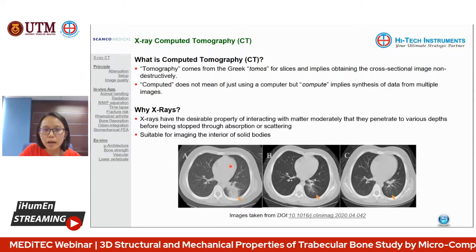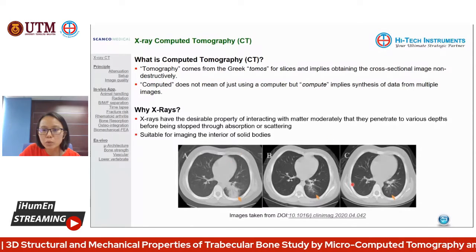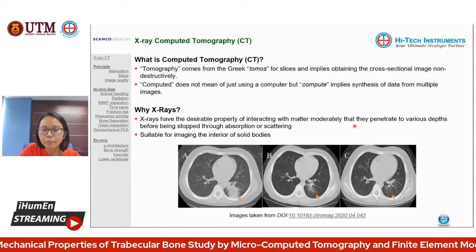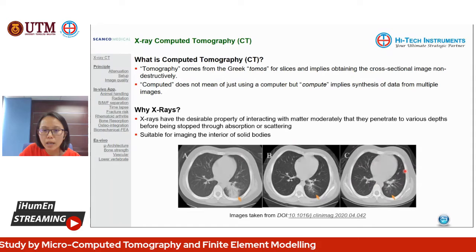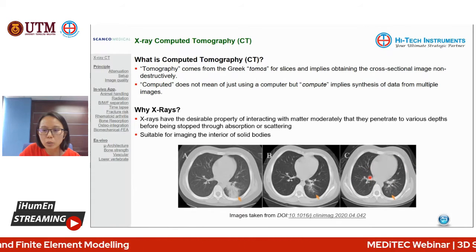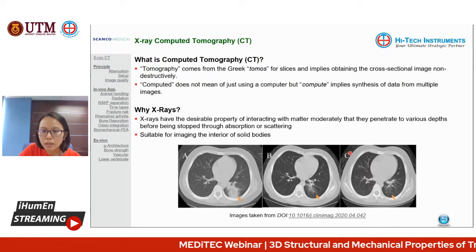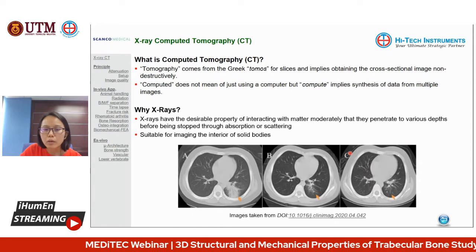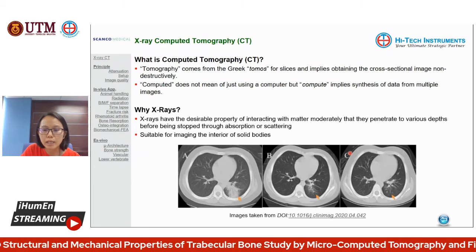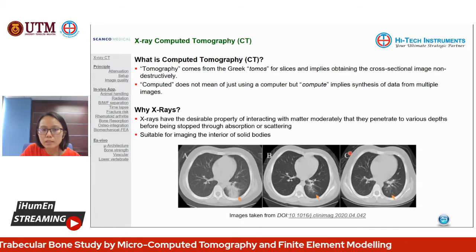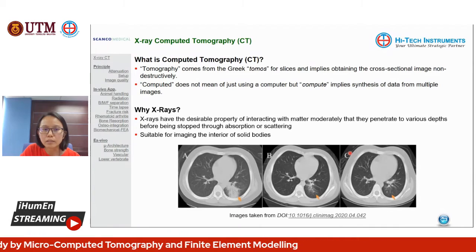So as it's recovering, when it comes to the 16 days of recovering, you can see the consolidation at the lower left lung lobe here has slowly disappeared, and it actually correlates to the RT-PCR test, the nucleic acid SARS-CoV-2 test, which was taken on day 16, and it tested negative.